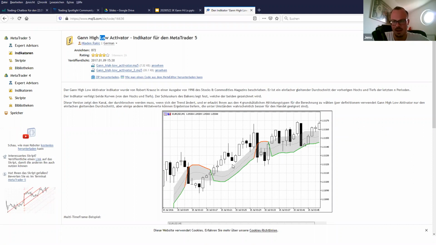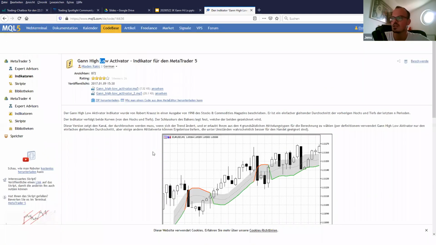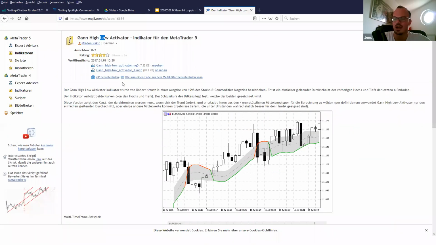So if you have an MT5 from Admiral Markets right now, you won't find it without going to the marketplace and then downloading it there. Even though here there are some free Gann HiLo activators or Gann HiLo strategy system indicators. They are for free. They are available, so you can just download them and they are directly imported into your MT5. So that's just to let you know where you get this from.